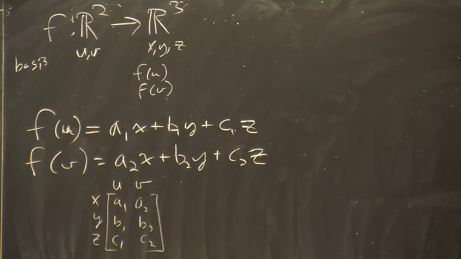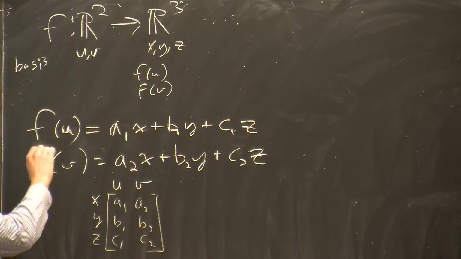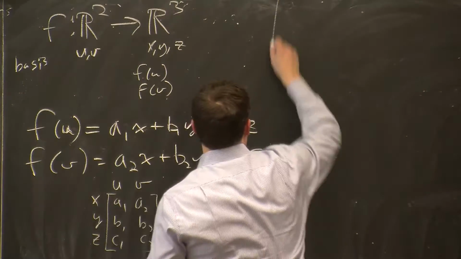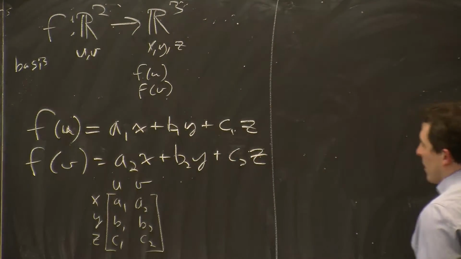It's just some plane. Yeah, some plane in space. It has to send 0 to 0. So whatever 0 you pick for R2 had better be the same 0 for R3. Okay, it's just some plane in R3. So that's an example.